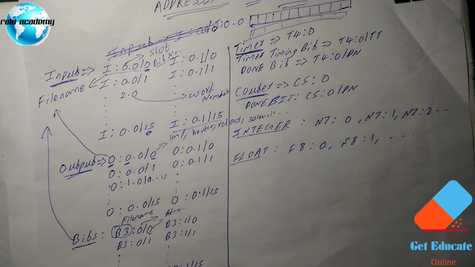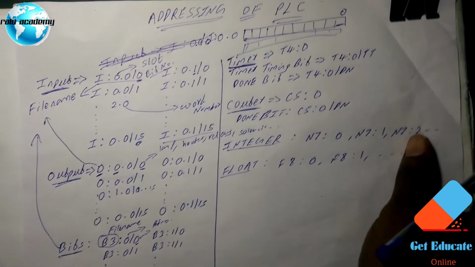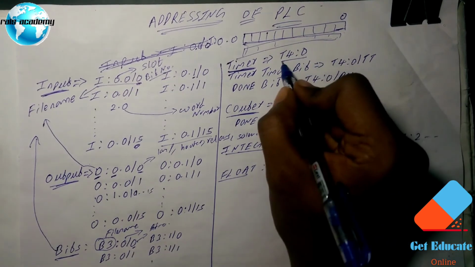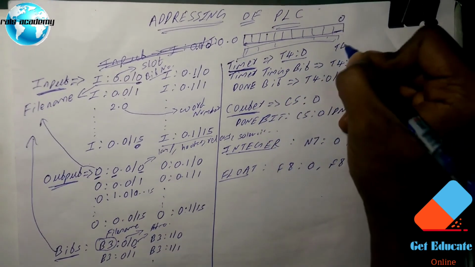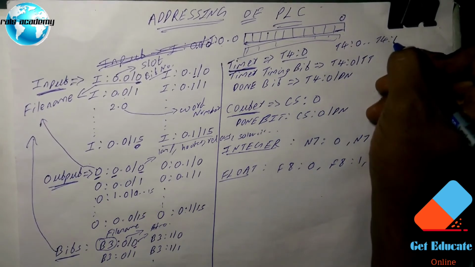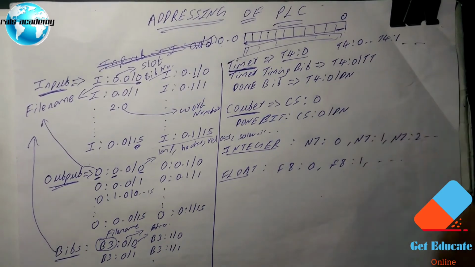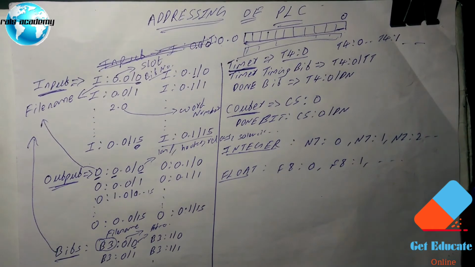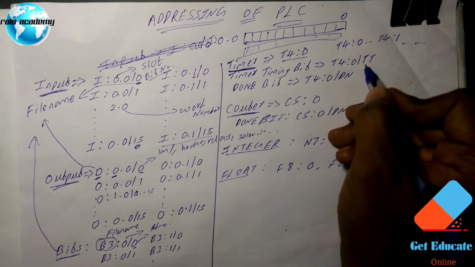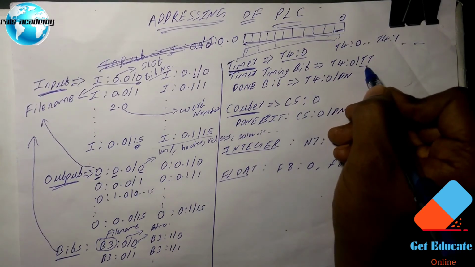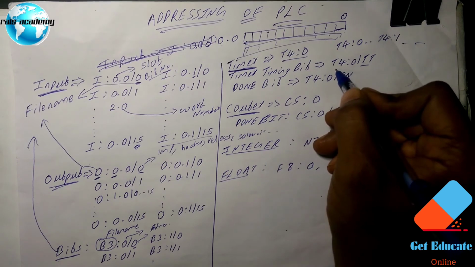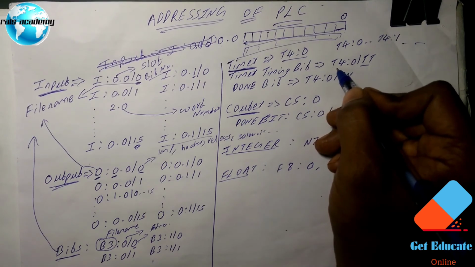Here we have the timer. For a timer, addressing starts from T4:0, or T4:1, and so on. The timer timing bit is the TT bit. I will show the use of the TT bit in later videos, so just understand how we are going to address it.